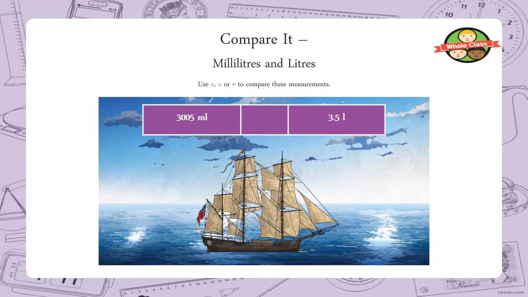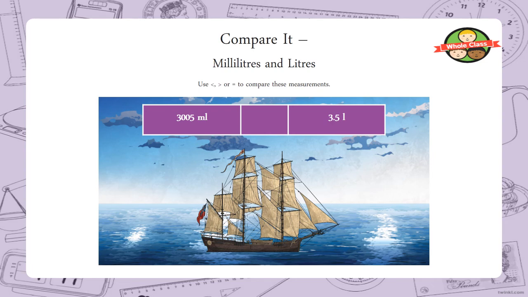Okay, this example, 3005 milliliter or 3.5 liter. Let's convert 3.5 liter to milliliters. Tell me which operation we use. Excellent. Multiply, and we multiply it by what? 1000. Good job.